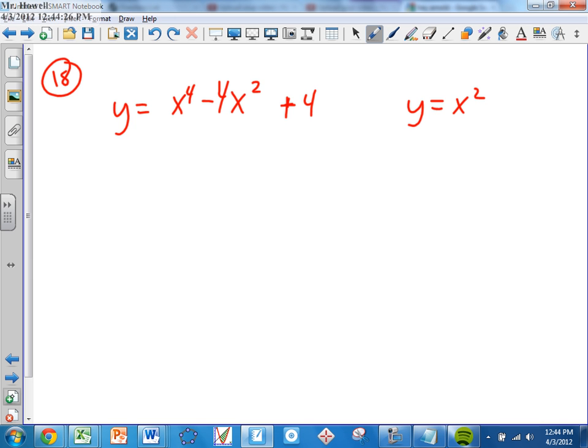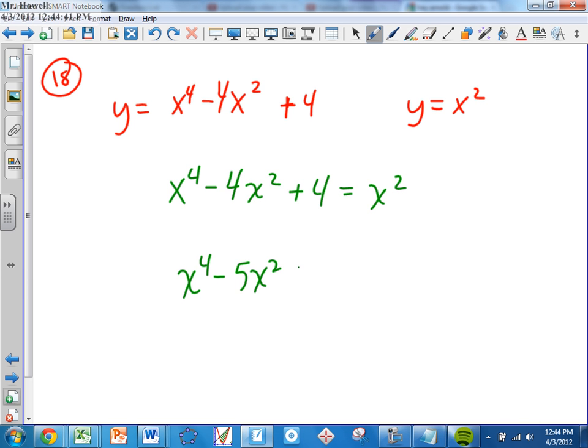Move the x over, right? Now, take a look at this problem. It's actually a quadratic, but it's a quadratic of a quadratic.